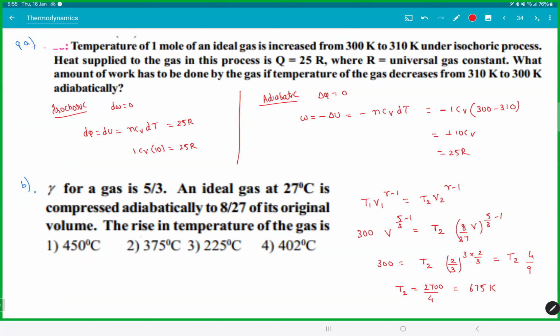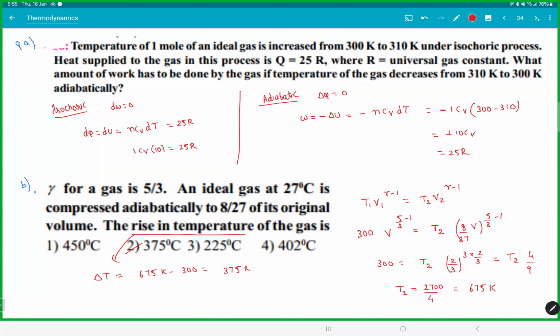So he's asking the rise in temperature. So the change in temperature would be 675 Kelvin minus 300 Kelvin, which is 375 Kelvin or 375 degrees, both are the same. For change, it won't matter whether you're taking Celsius or Kelvin. The difference will remain same.